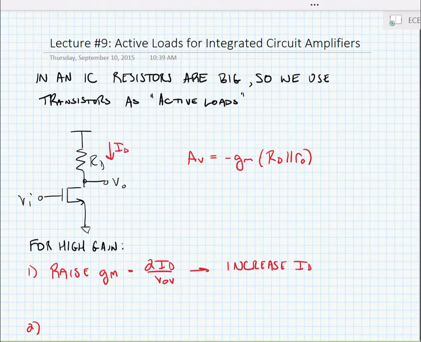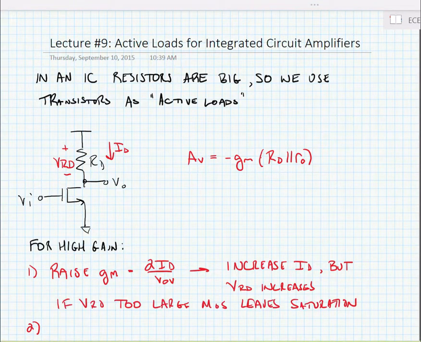So I want to increase the current flowing through the device, and if I do that, I'm going to have a bigger voltage drop across RD. Now, if VRD is too large, the drop across that resistor is too large, it gets difficult to keep the MOS saturated.